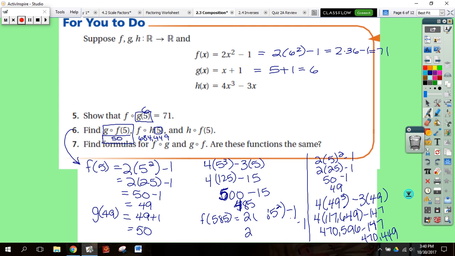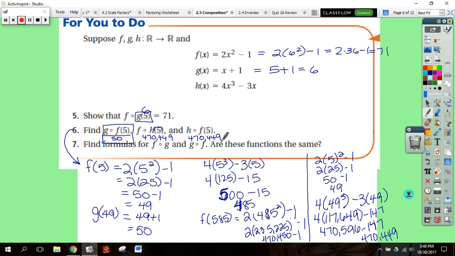So 485,235... 235,225 times 2 is equal to 470,450 minus 1, and this should be the same as this one. So in this case, these two are commutative, but it doesn't necessarily mean that all of them are going to be commutative. So 470,449 here, 470,449 here.